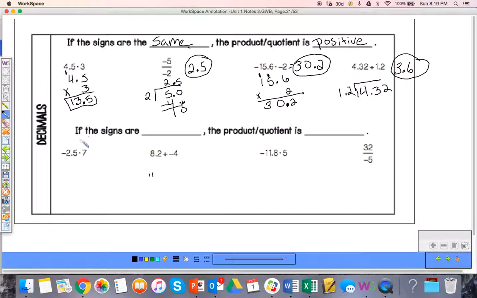So if decimals, or if any numbers, have different signs, the product or the quotient is negative.